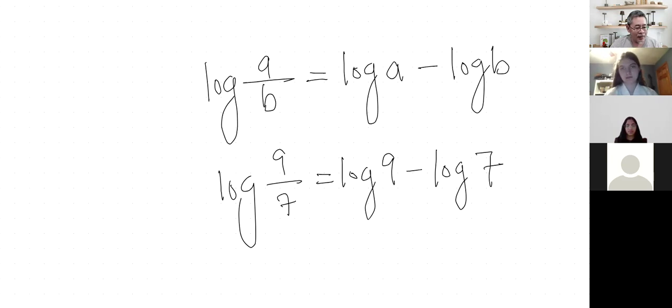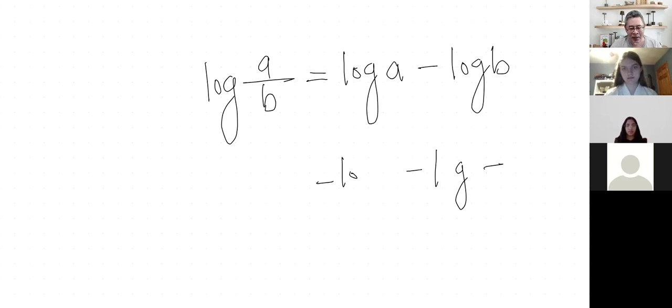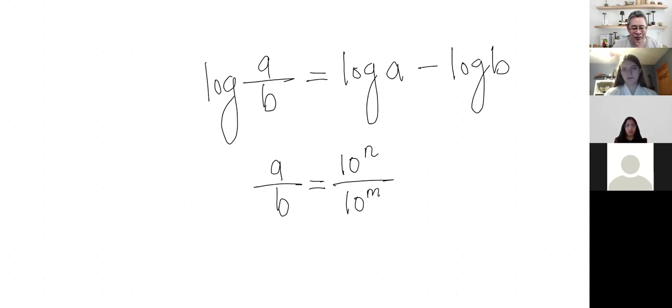Okay. Now, we can also prove this. And that's the key, to understand why that works, not just the how. If you understand why, the how just becomes easy. We can see that a over b, we can write as 10 to the n over 10 to the m. So a is equal to 10 to the n, b is equal to 10 to the m.